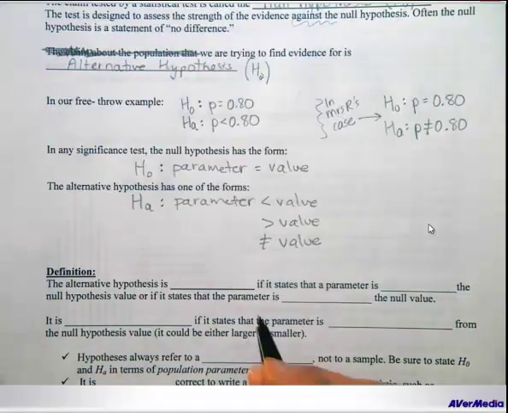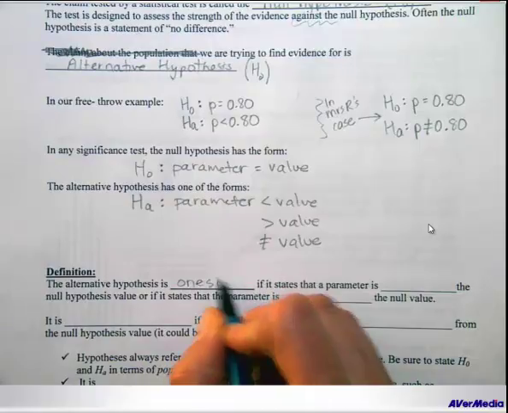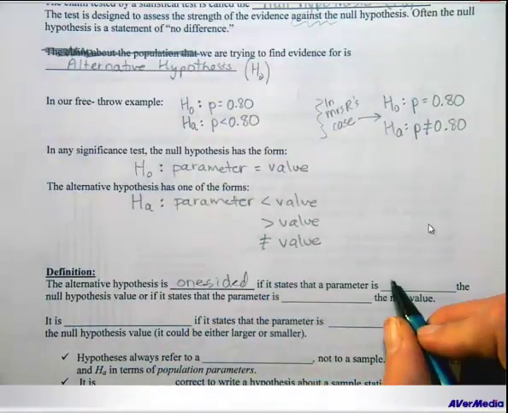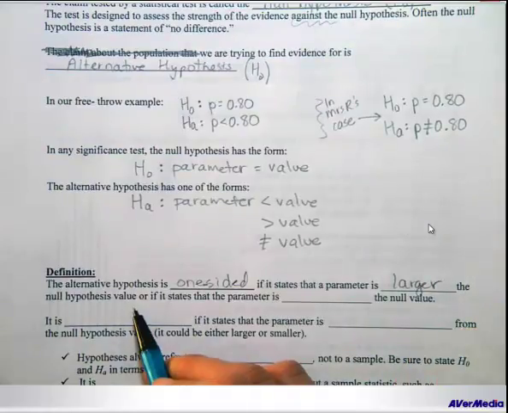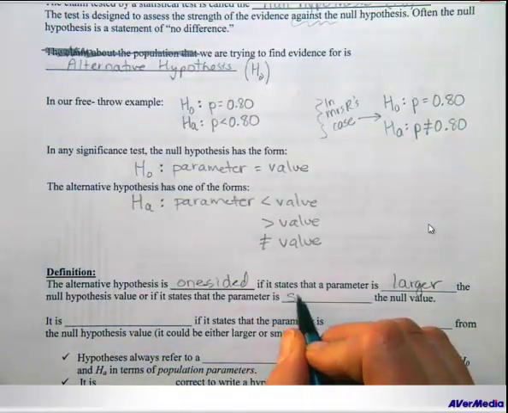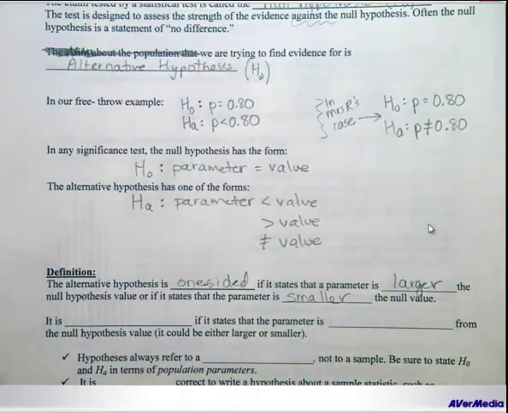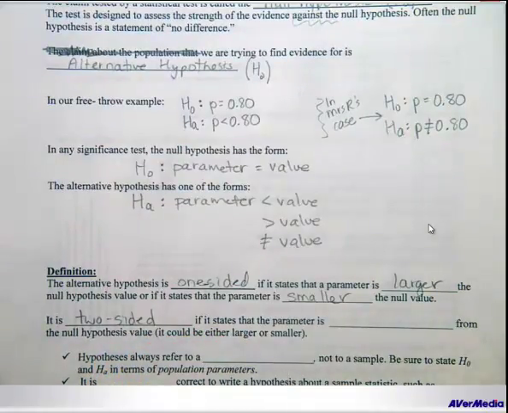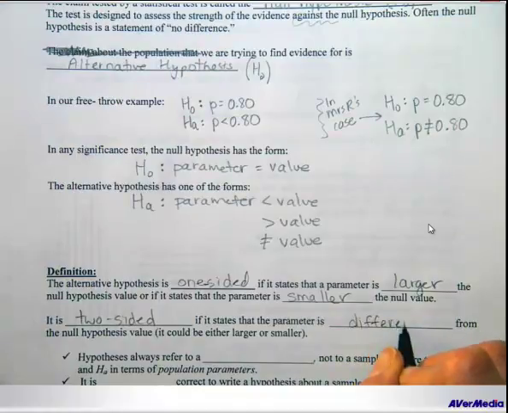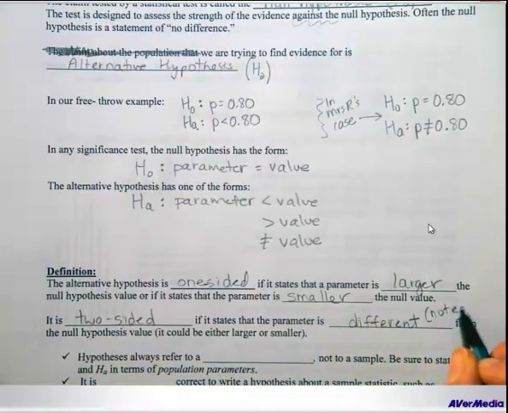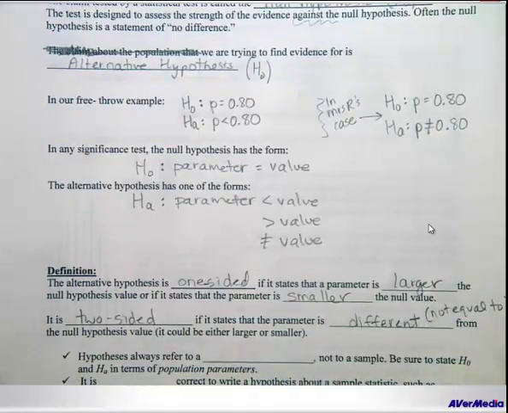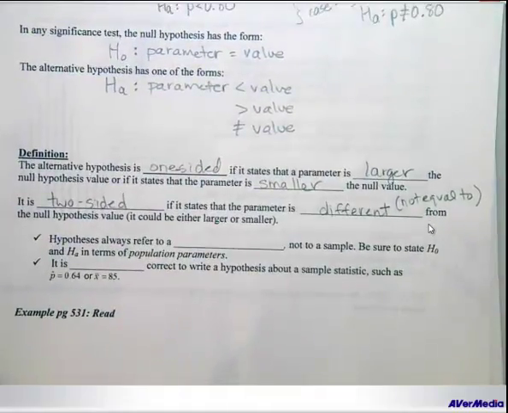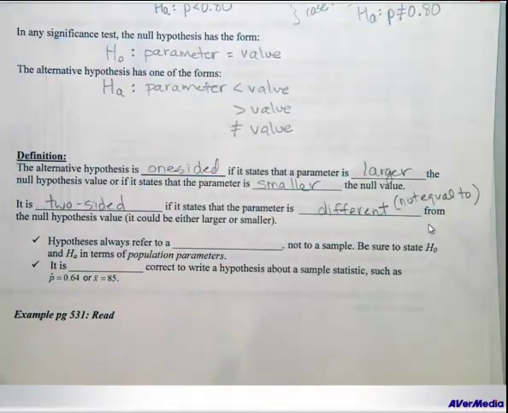Okay, and then the alternative hypothesis is called one-sided if it states that a parameter is larger than the null hypothesis value, or if it states that the parameter is smaller than the null value. But it's going to be two-sided if it states that the parameter is just different, or you could say not equal to. And in that case, we're just looking at, do we have evidence that we're either smaller or larger? Usually we'll take on one side, but we don't know ahead of time what to expect, so we run what's called a two-sided test.